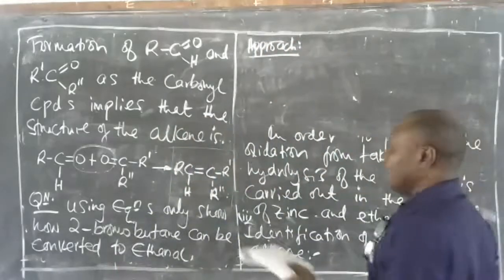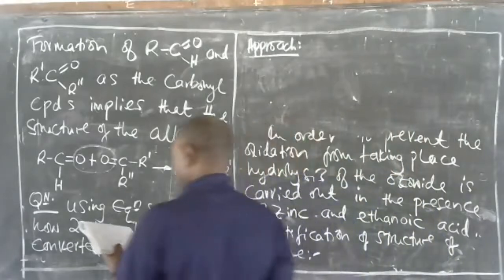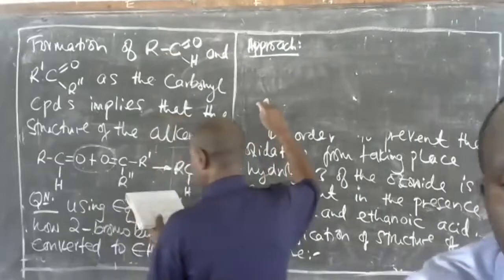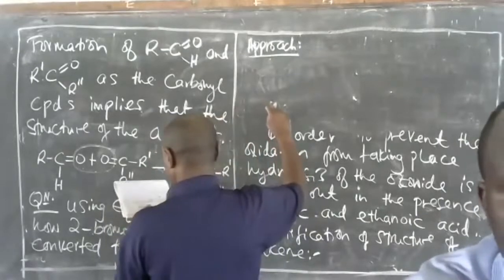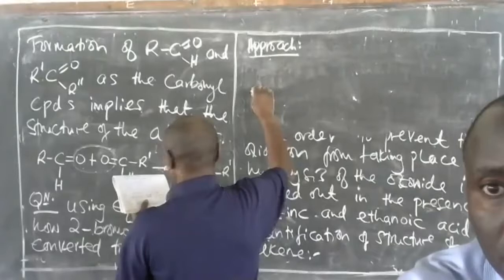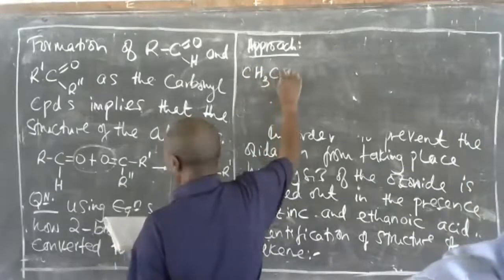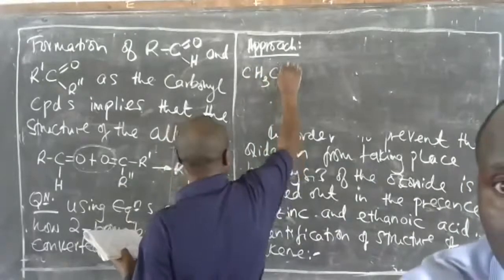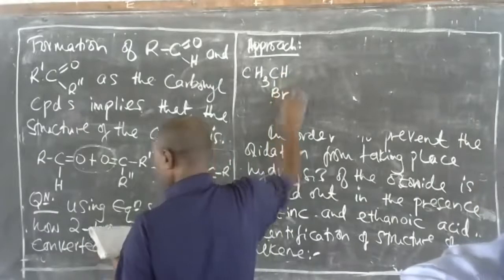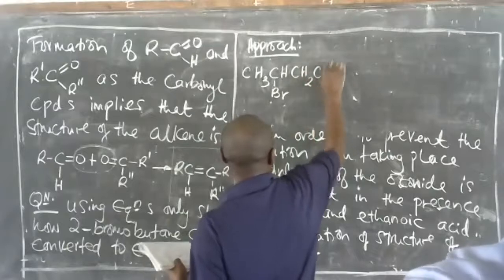We can heat it with aqueous sodium hydroxide in the presence of ethanol. So CH3, CH, 2-bromo-butane, CH2, CH3.